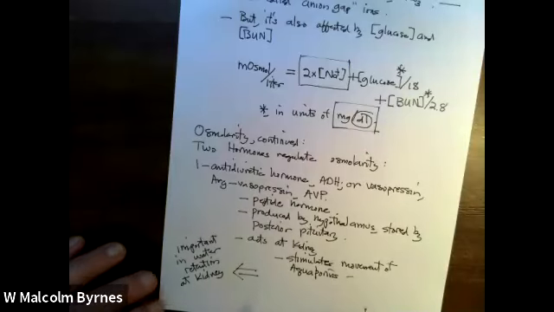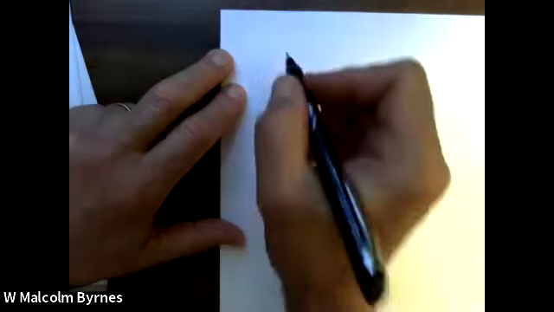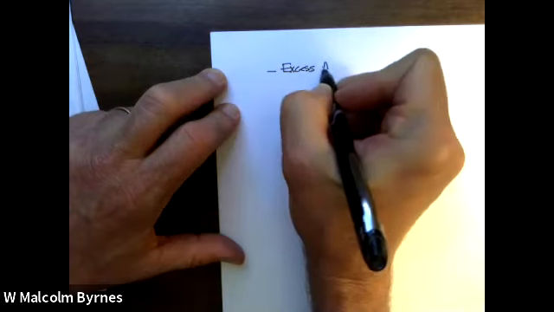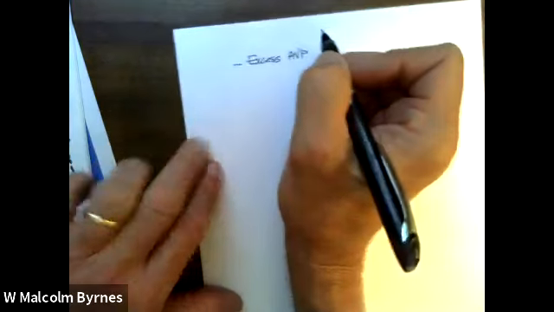So we could well imagine what would happen if we had excess AVP being produced. What happens there?